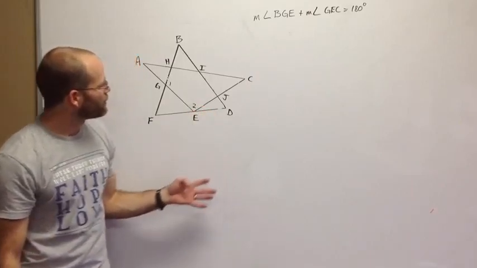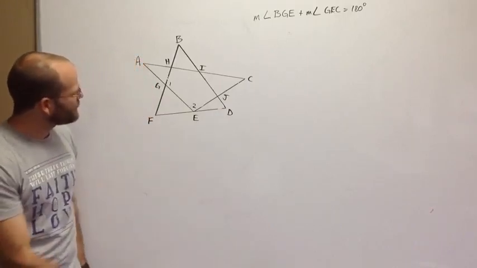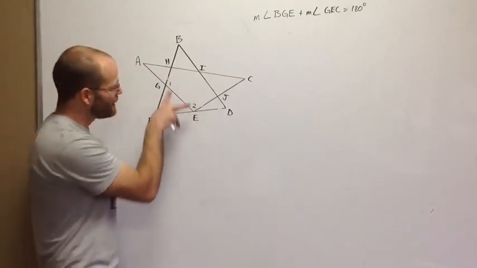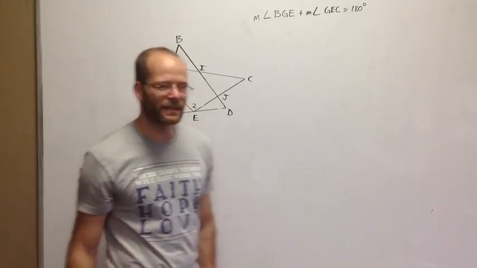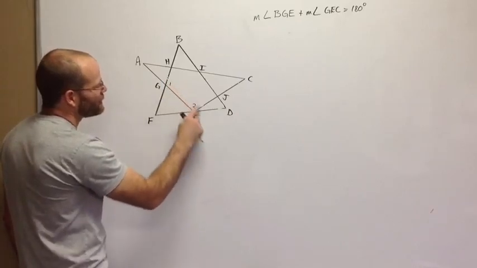Question, do we know now whether any of these lines are parallel? Again, we have to begin to look around and see if we can identify these two angles as an angle pair of some sort. And when you look at it, you find that they're actually same-side interior angles.